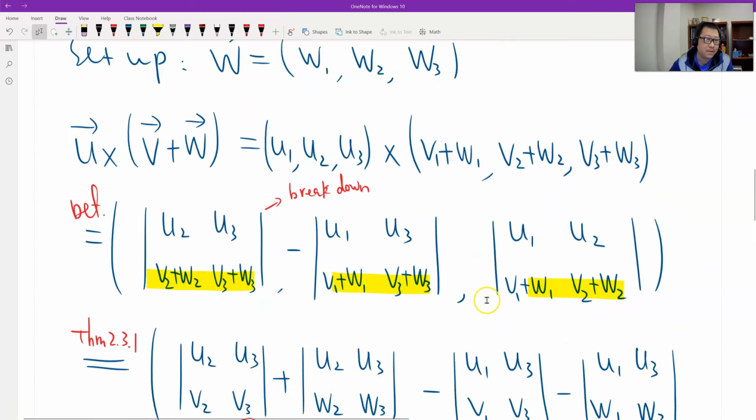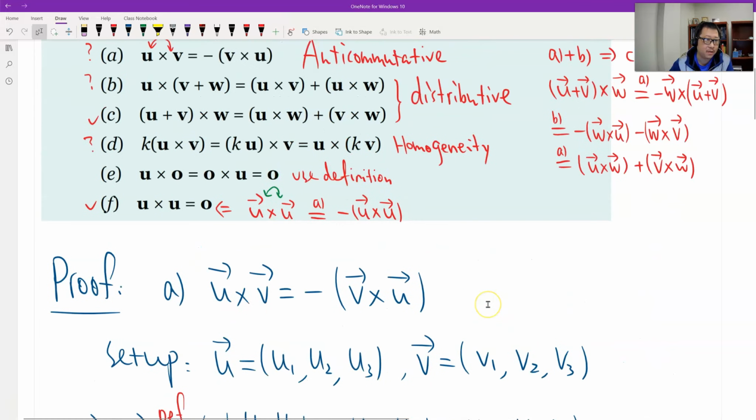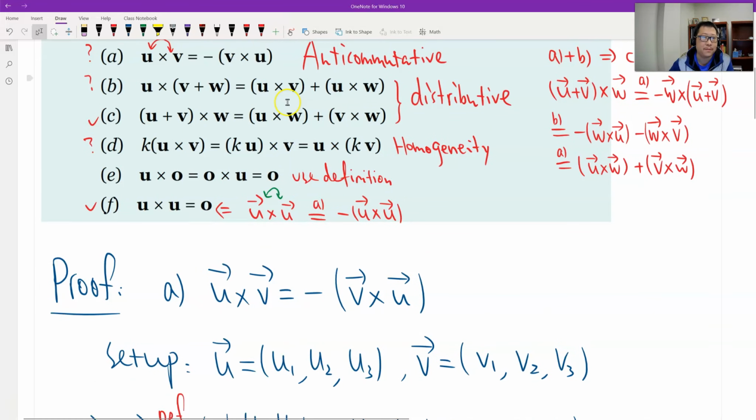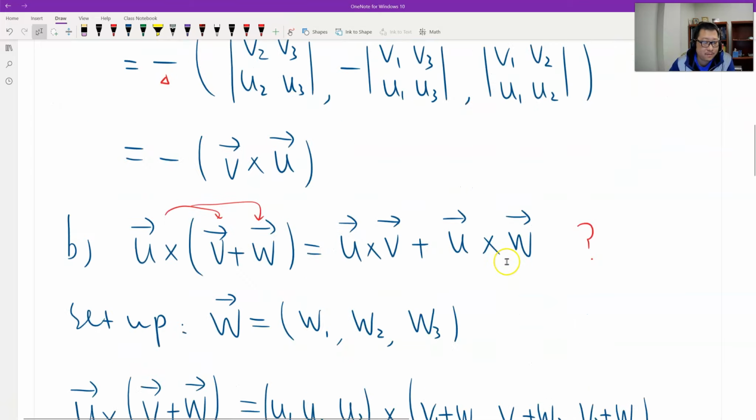No, let me see. I think we missed a little. Oh yeah, I missed one: homogeneity. So let's prove D. One more last, the homogeneity, why we can take this out.